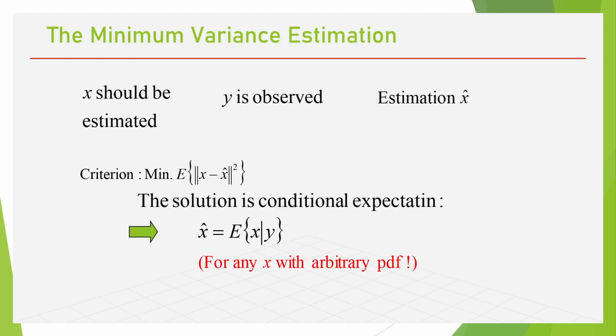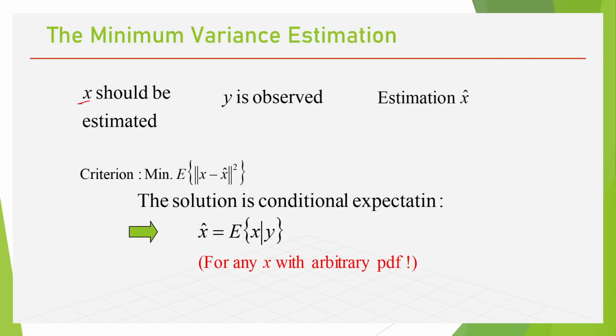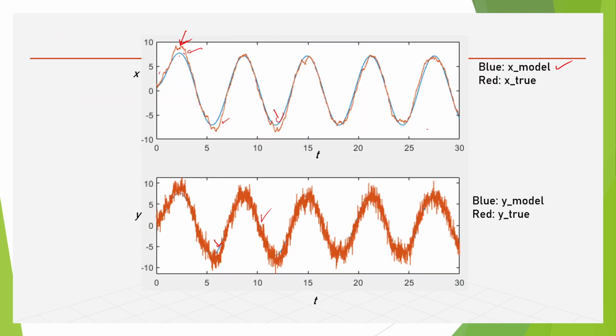This is the main idea that comes up, that the filter is introduced. So H should be estimated. What we know is the model that we compute to get the blue, right?